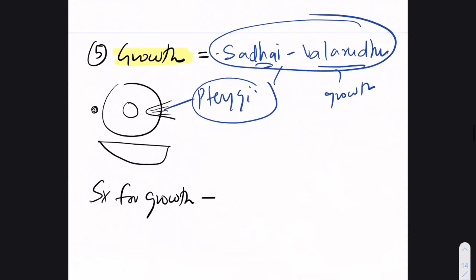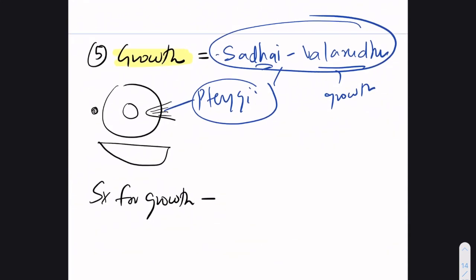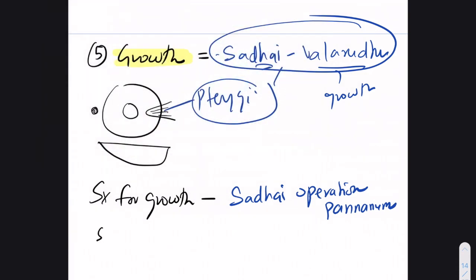Now we saw about growth. Say for example, the patient is having pterygium and you want to advise surgery, a pterygium excision. You will tell the patient sadai operation pannanum. That's one common surgery we'll advise. And what other surgery will we advise? For cataract, obviously. We'll discuss cataract later.